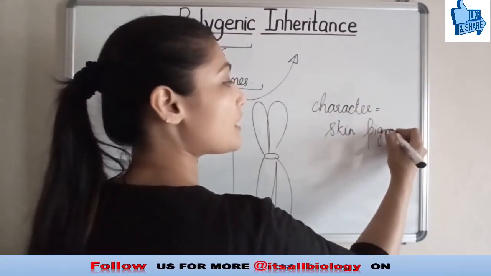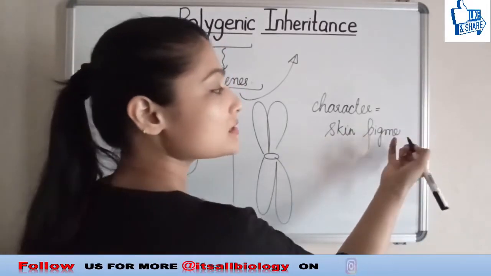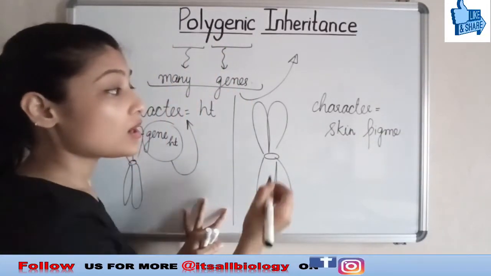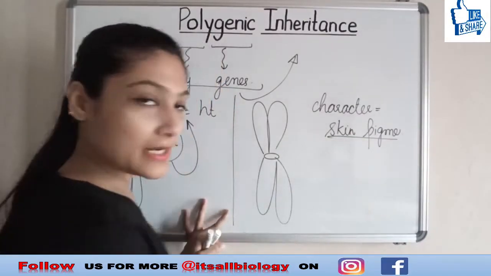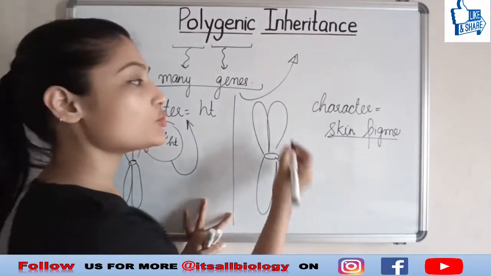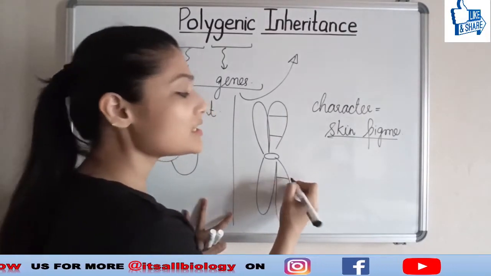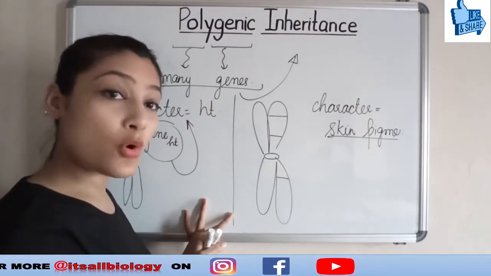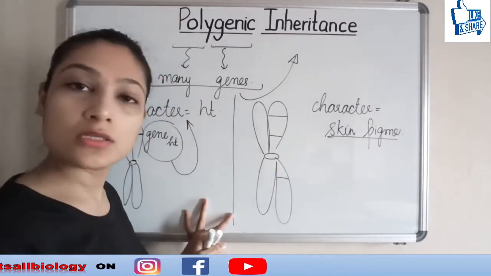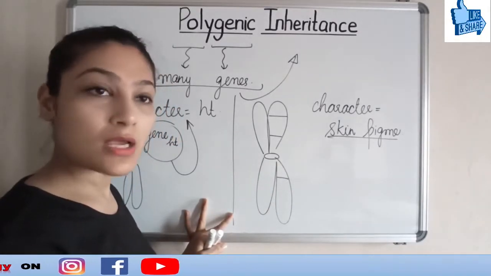We will discuss it later. So for skin pigmentation there is not going to be one or two, but three genes which are responsible for giving the color to our skin. Are you getting my point here?